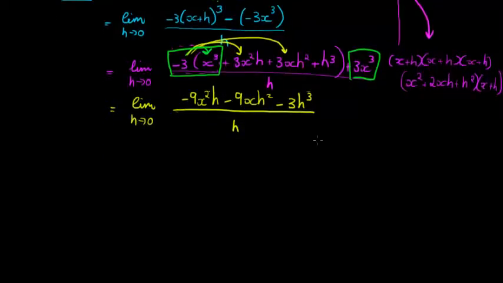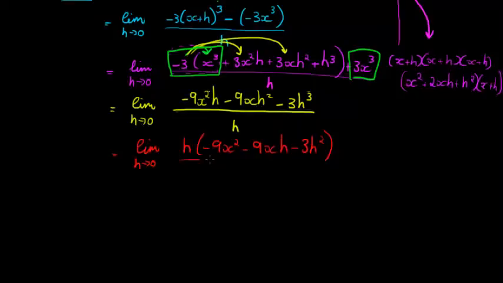Now that's brilliant because that allows us to take out h as a common factor. So let's do that. If I take out h as a common factor, I get h times (negative 9x squared minus 9xh minus 3h squared). If I multiply this h back, I'll get the same thing that I had up there, divided by h.